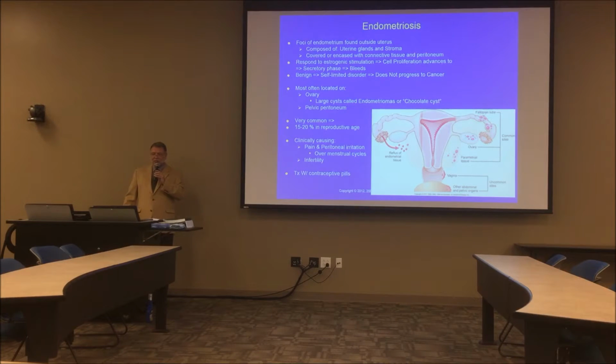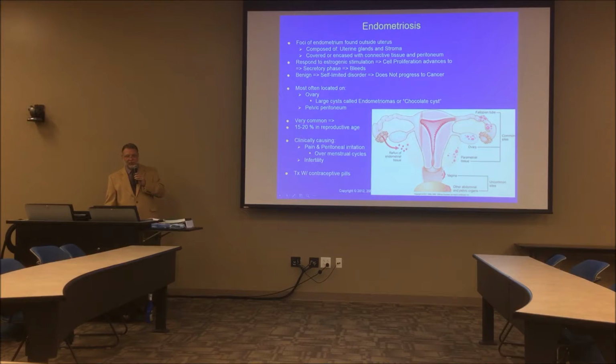Endometriosis is one very common situation in some women. 15 to 20% happen in reproductive age. There is pain and peritoneal irritation over menstrual cycles. The thing here is that there are foci of endometrium found outside the uterus.